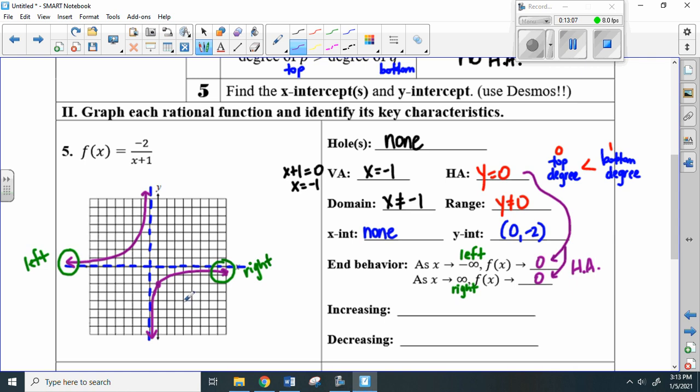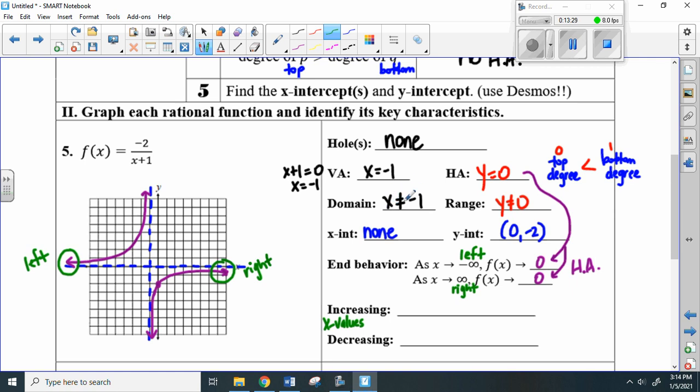Now, for increasing and decreasing, you have to remember that those are intervals of x values, okay? So your domain is going to help you know when to stop increasing or decreasing.